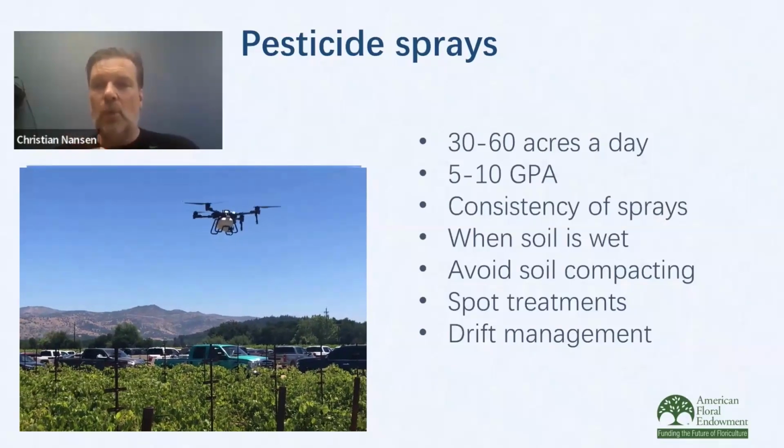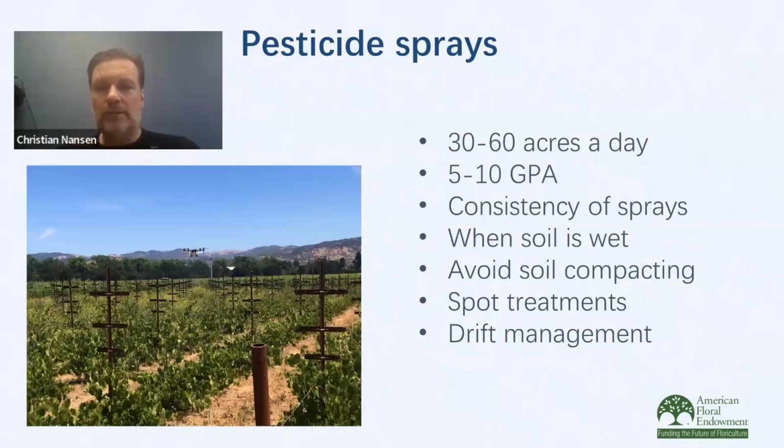They do use much lower volumes of water, but they also get down, and then the downdraft from these ginormous drones actually creates a vortex and swivels the vegetation around, so you actually get very good coverage and very good penetration. So it's even under windy conditions.